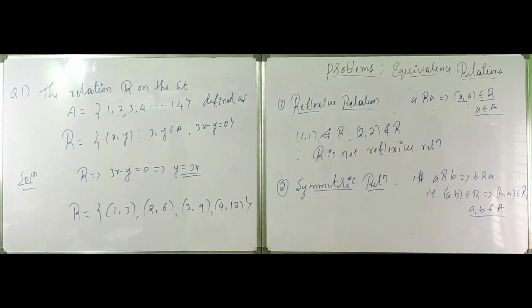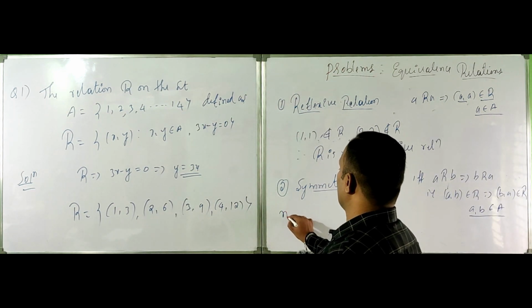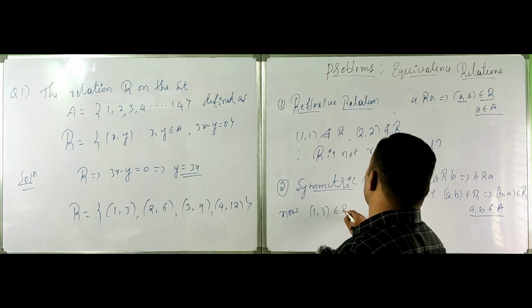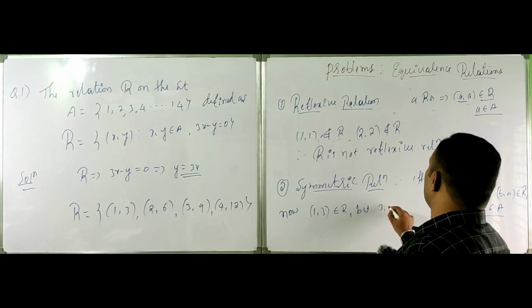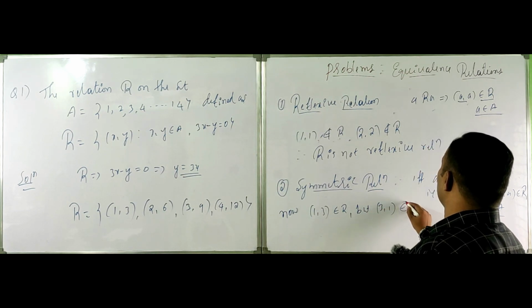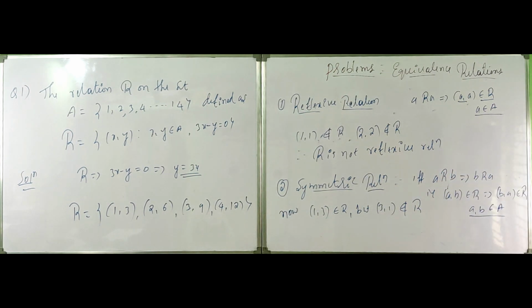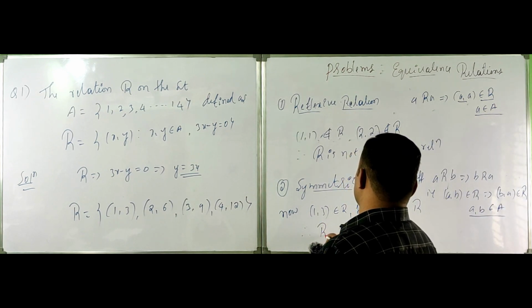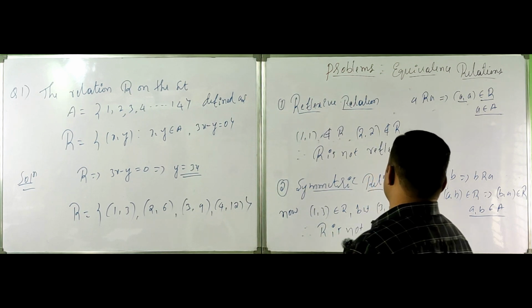You should get (1,3). We can write (1,3) belongs to R, but (3,1) does not belong to R. There is no (3,1) in R. Therefore R is not symmetric.